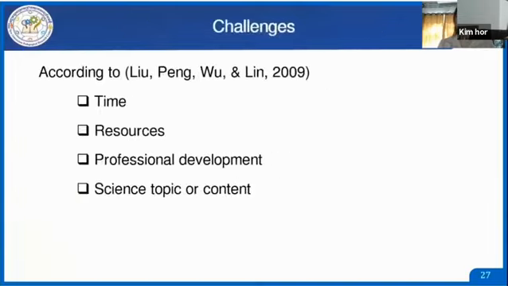For the challenges, time is related to the class hours. When we apply 5E, we have a lot of activities, so we need more time. And resources, related to material or equipment. If you want to do an experiment, do you have the equipment or material for you and also for the students to do the experiment or not?